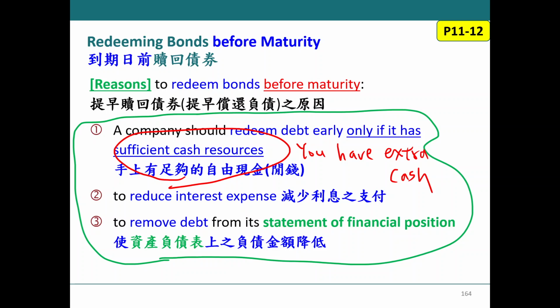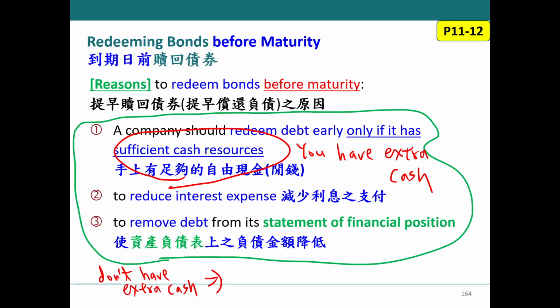But what about another case? You don't have extra cash. Could you tell me, when you don't have extra cash, I don't have the money, but still today I pay the debt before maturity date.